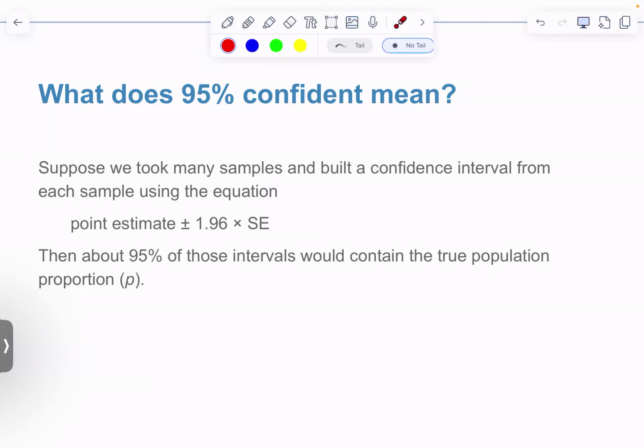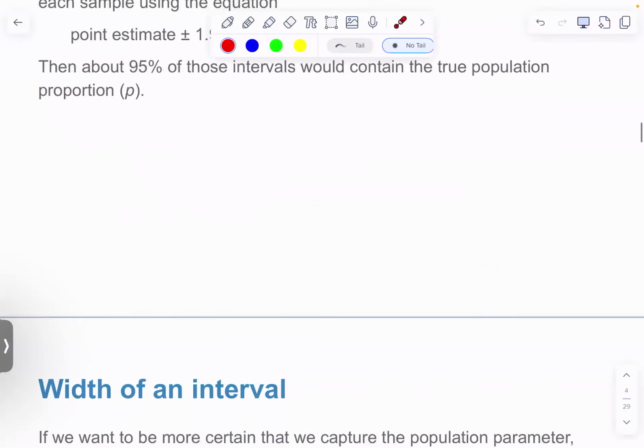If you built a bunch of different confidence intervals, about 95% of those intervals would contain the true population proportion, p. And that's a task for Excel. You'll have an Excel assignment walking you through the central limit theorem and confidence intervals.